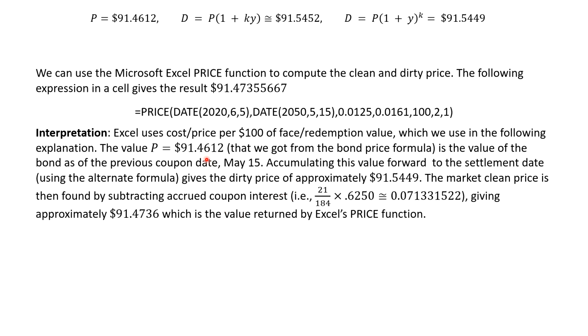So apparently that's how Excel does the computation. It computes the price back to the previous coupon. It uses this formula, the alternate dirty price formula, and then it subtracts the accumulated coupon interest to get the clean price, and that's what it gives you. Okay, so just beware if you're using Excel, this is what you get.